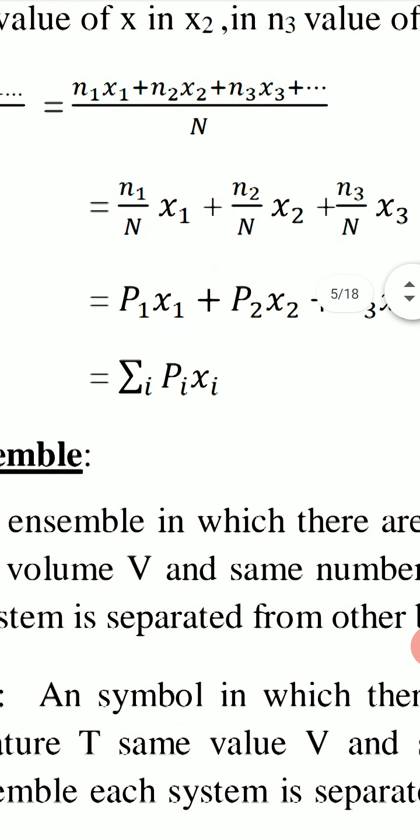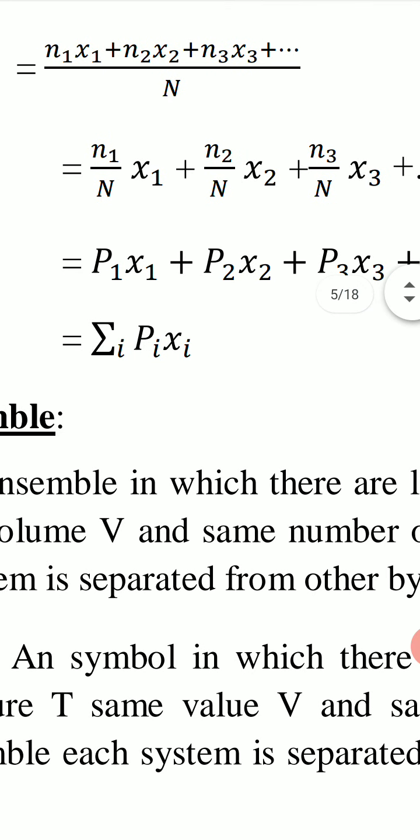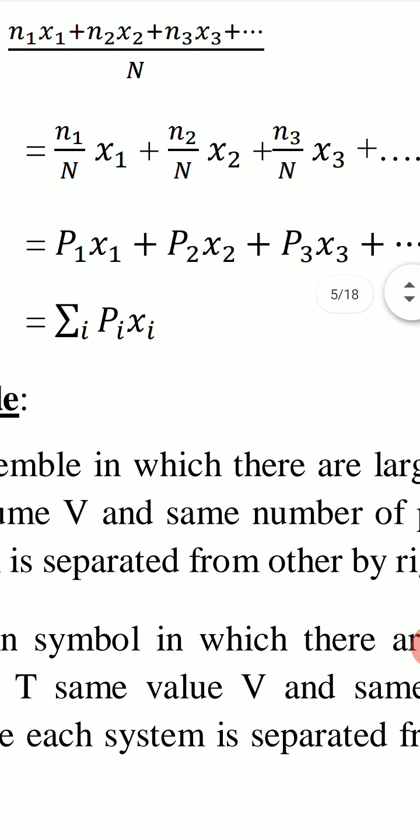Now we can write it as N1 upon capital N into X1 plus N2 upon capital N into X2 and so on. N1 upon capital N is P1. It is the probability that the value of X is X1, because the total number of systems is capital N, and in N1 the value of X is X1.